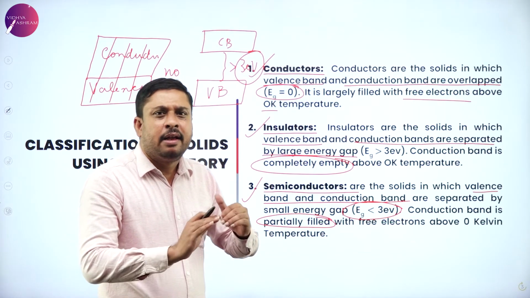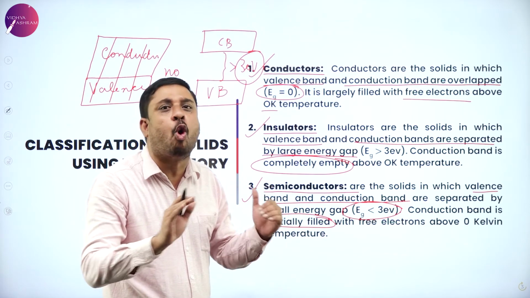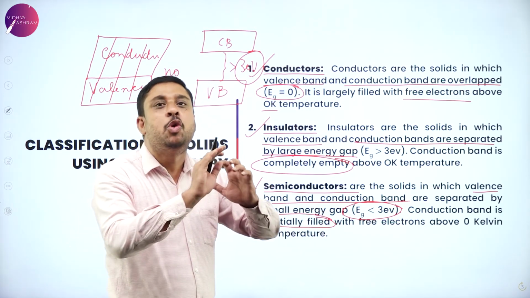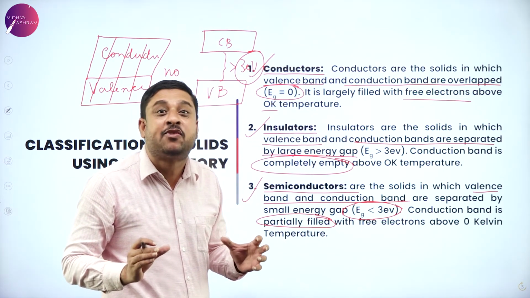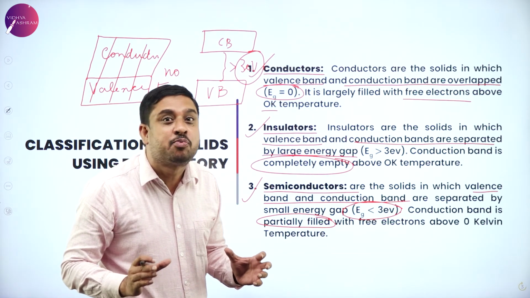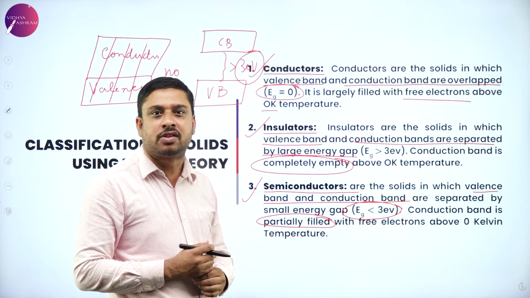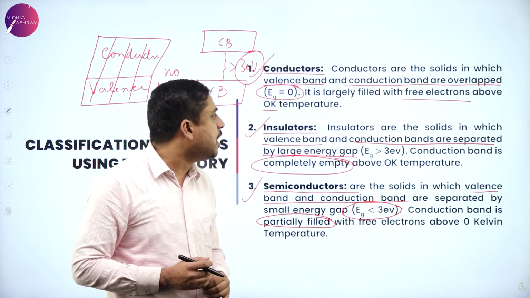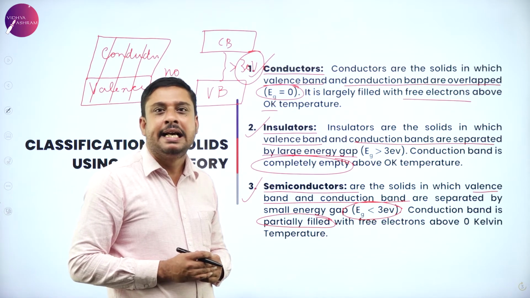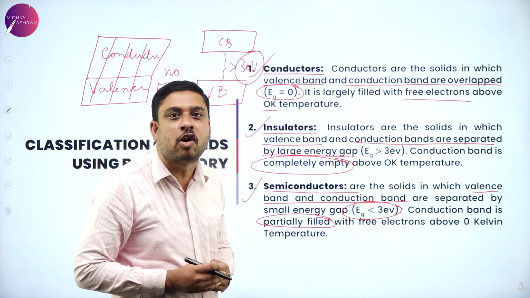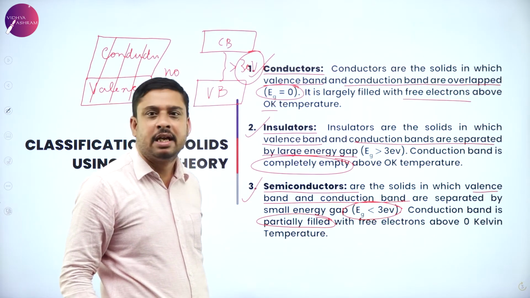Conductors: conduction band and valence band overlap. No existence of energy gap. The valence band is filled with abundance of free electrons. Insulators: large demarcation, clear-cut existence of energy gap greater than 3 electron volts.